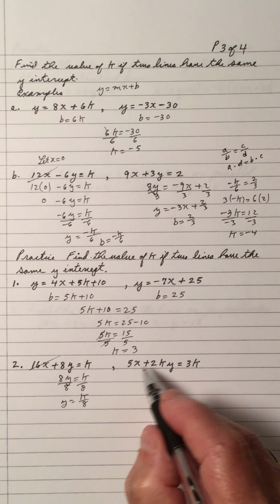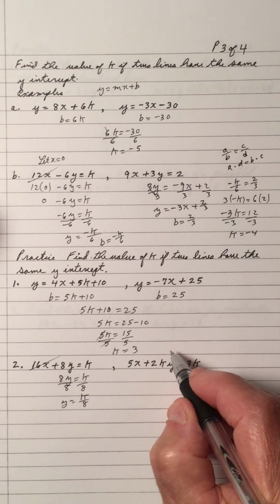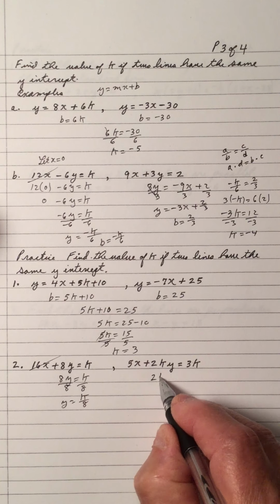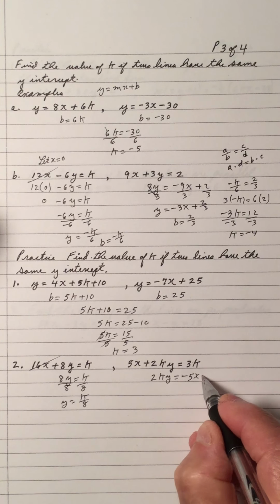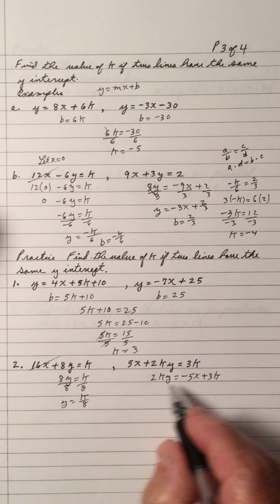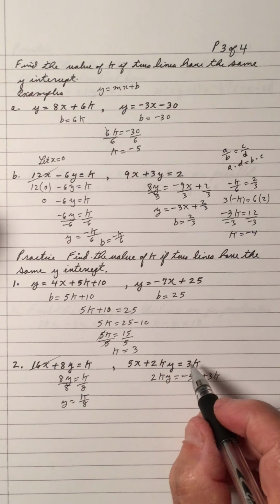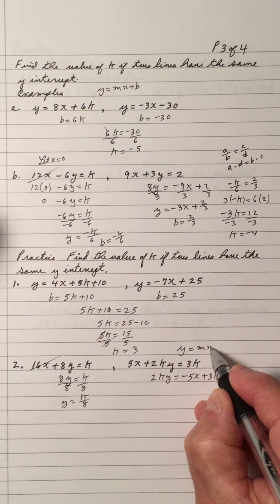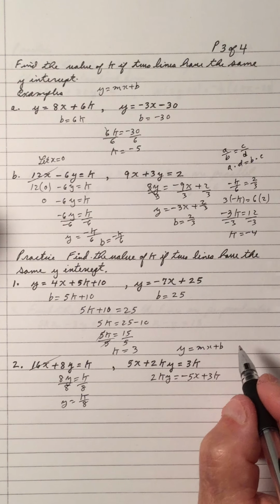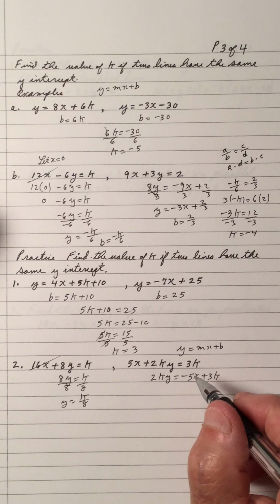And I won't do this one this fast. I'll solve it for y, just to show you. So I'm solving this for y to get y equals mx plus b. It's nice to have options when you're doing math.